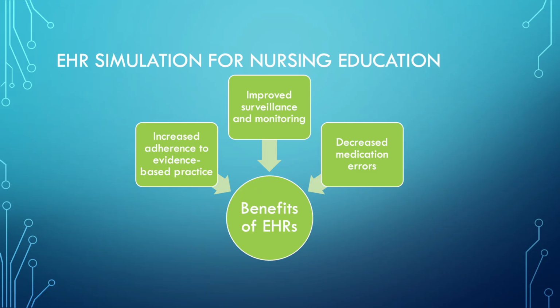But what we can learn about the benefits of electronic health records is that they do improve surveillance and monitoring of the patient, labs, vitals, which end up improving patient care.